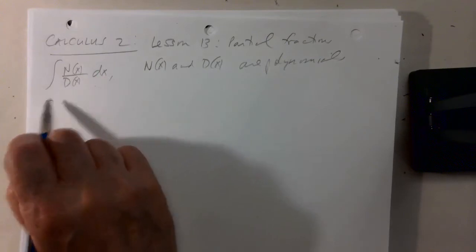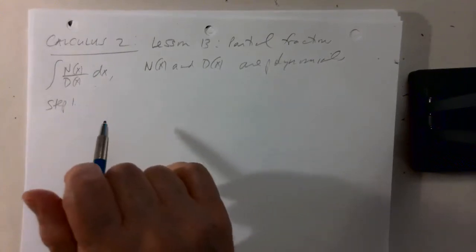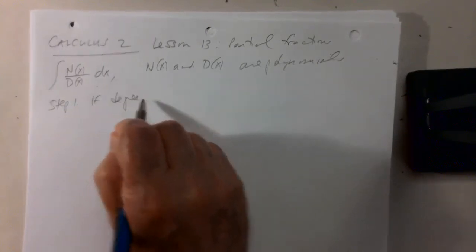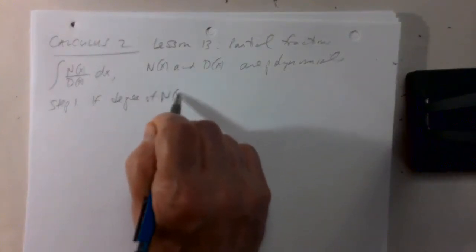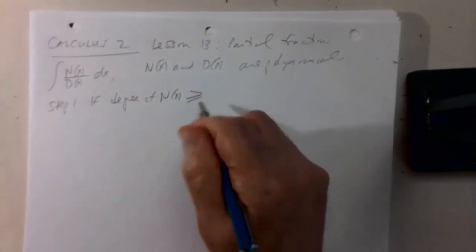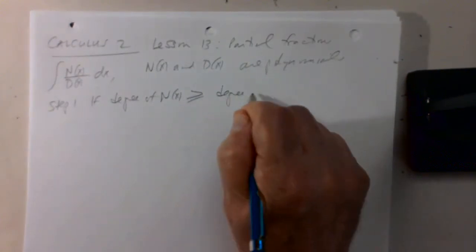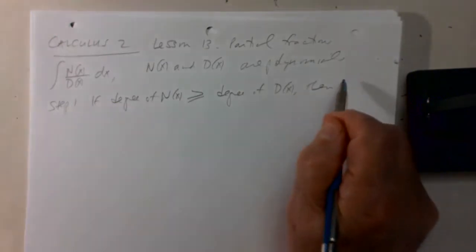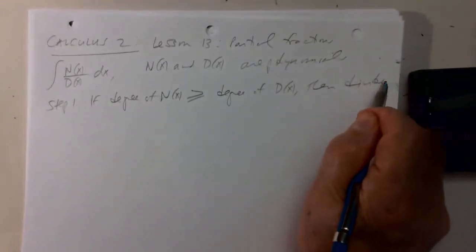are polynomials. And the first step in partial fractions is the following. If the degree of n of x, the numerator, is greater than or equal to the degree of the denominator, then we divide.